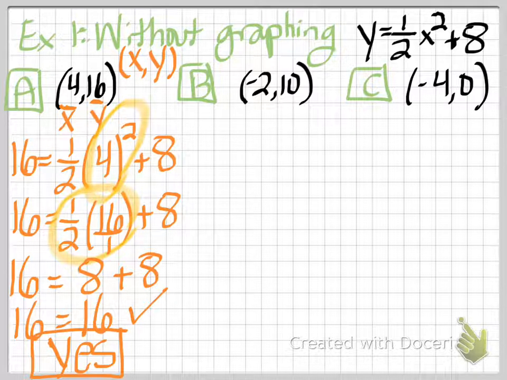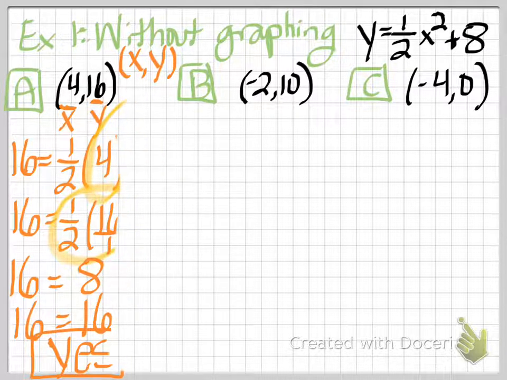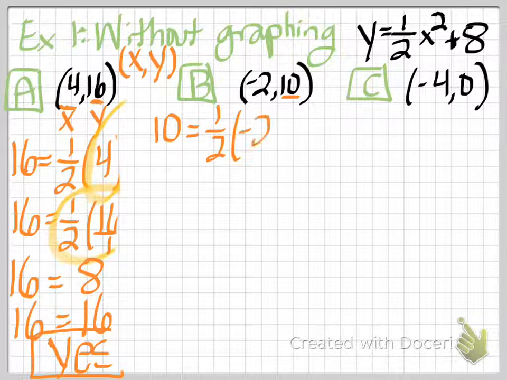Let's do example B. I'm going to give us a little more space. So again, I'm going to plug in y, and this time y is 10. So I have 10 equals 1/2 times x, which is a -2 squared, plus 8.